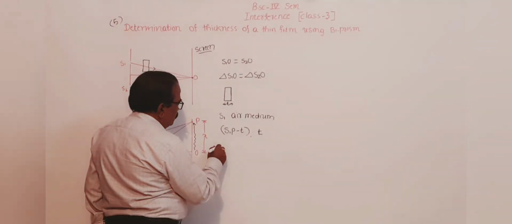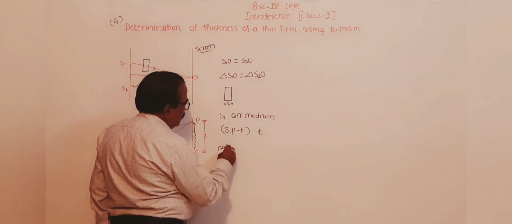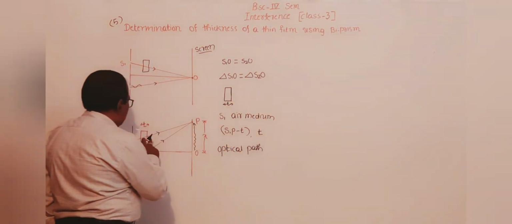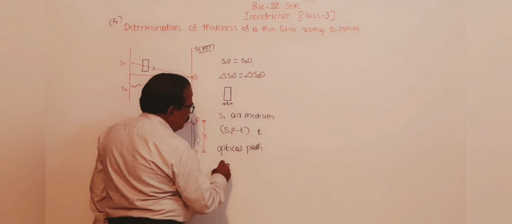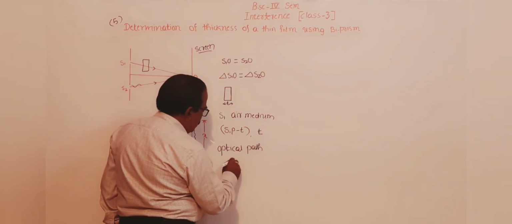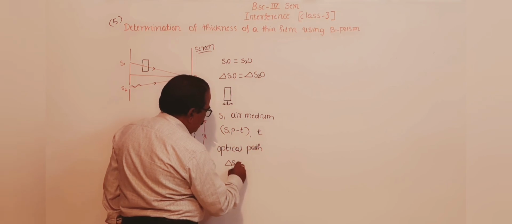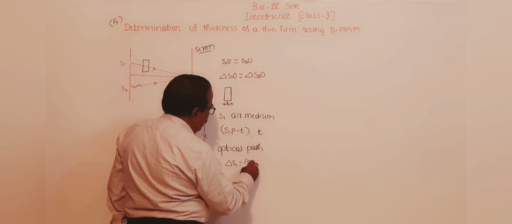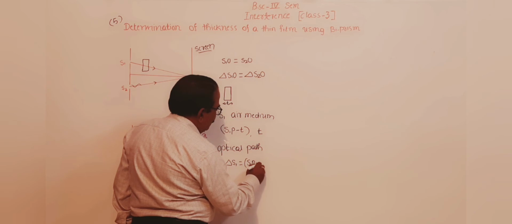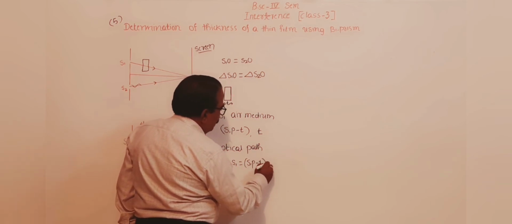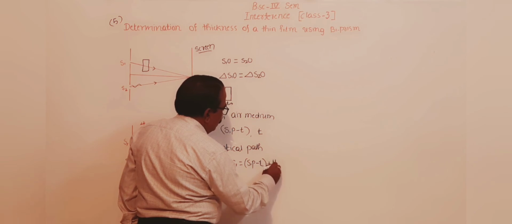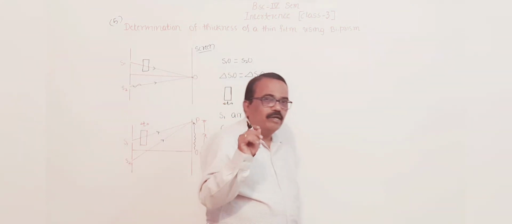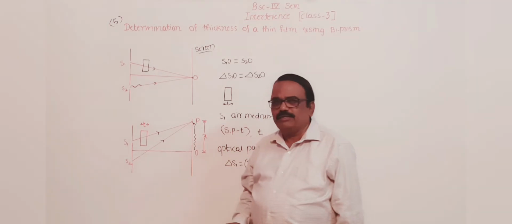Then I can write the optical path. The optical path traveled by this wave is delta S1, which in the air medium is S1P minus T, plus in the glass medium mu into T, where mu is the refractive index of this glass plate.